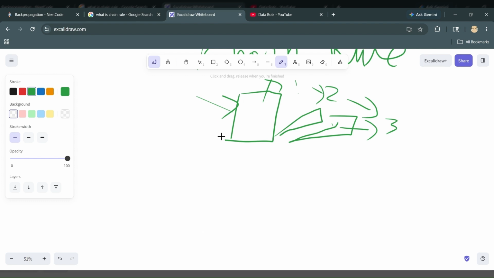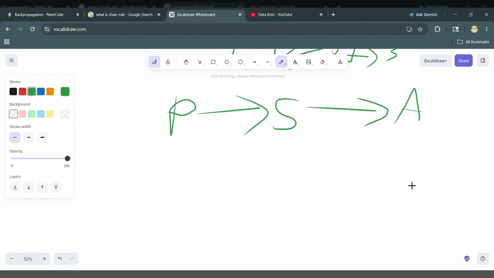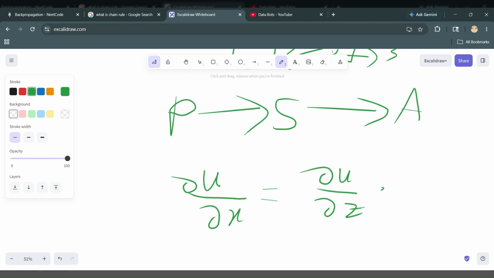To get a better idea about what the chain rule is, let's say I have a company, and that company's profit depends on the number of sales I have made, and the number of sales depends on the number of ads they got. In simple terms, let's say this is a partial derivative du by dx, and this can be represented like this.